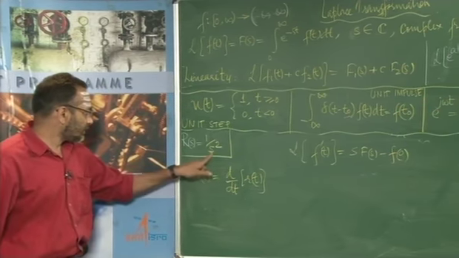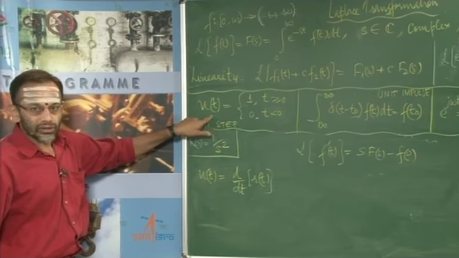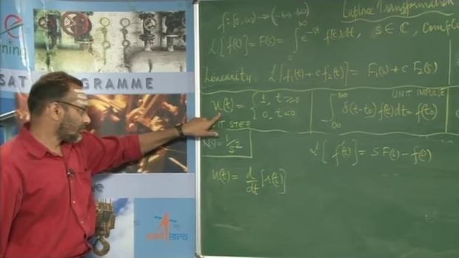That is, given this, I am going to get the differential for the Laplace transform for u of t, which is u of s.